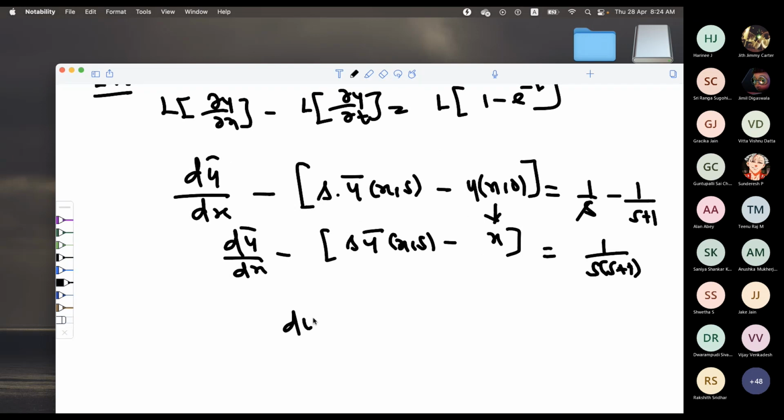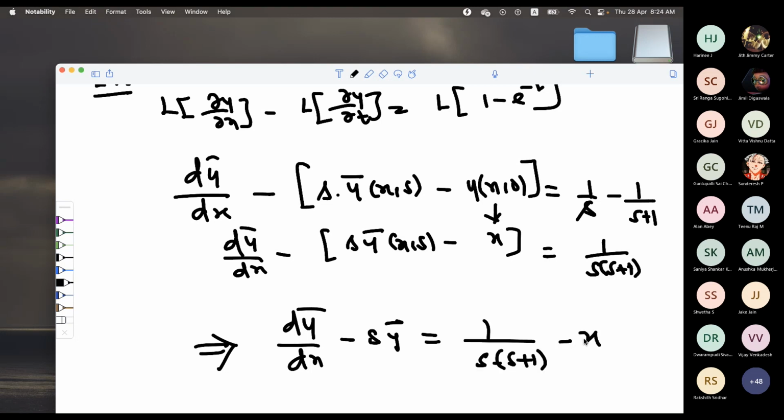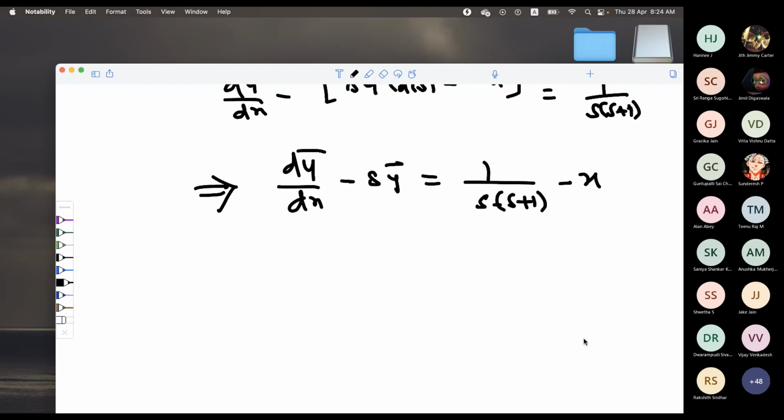So here it is dy bar by dx minus s y bar equals 1 divided by s into s plus 1 minus x. Sir, is it clear? Yes, sir.